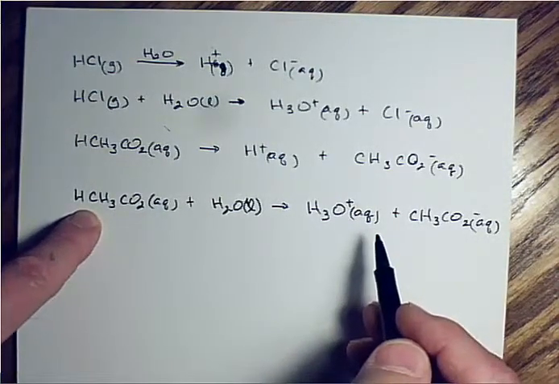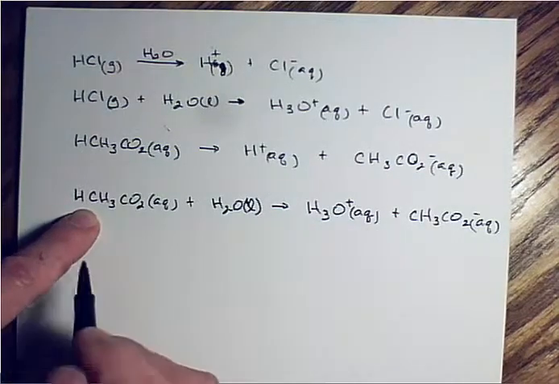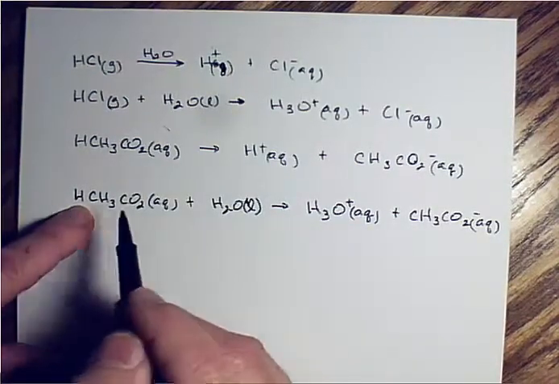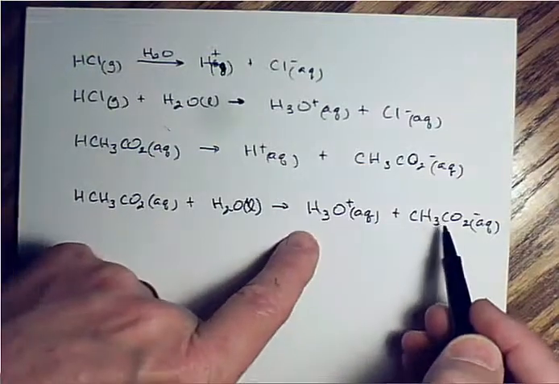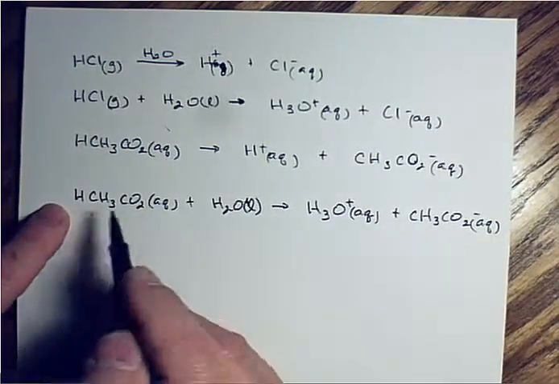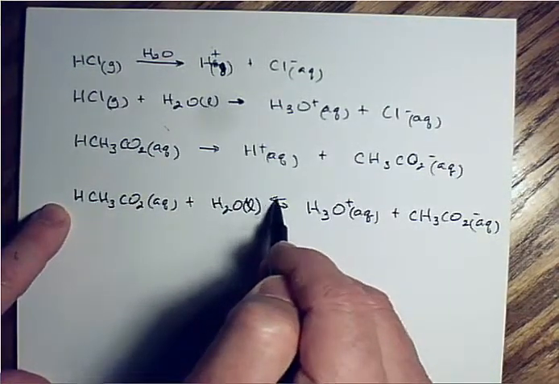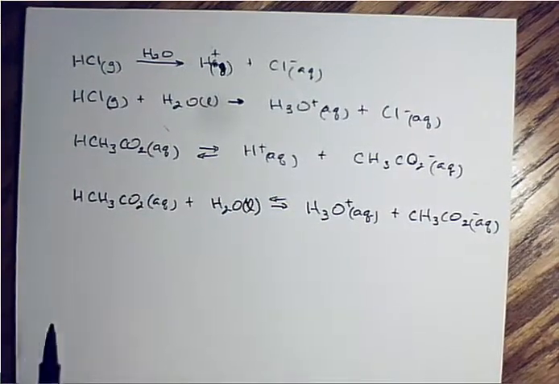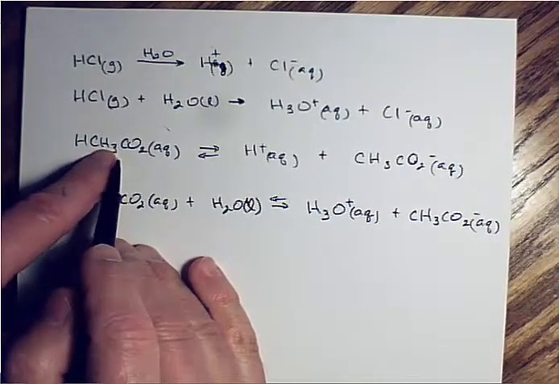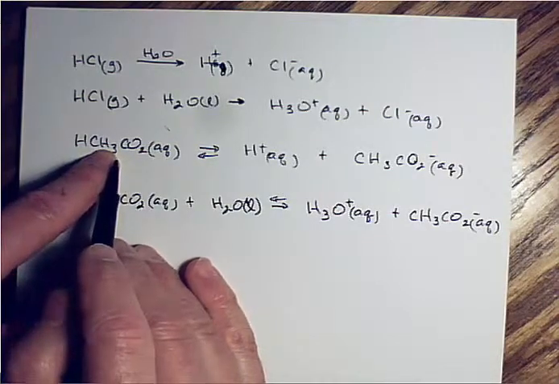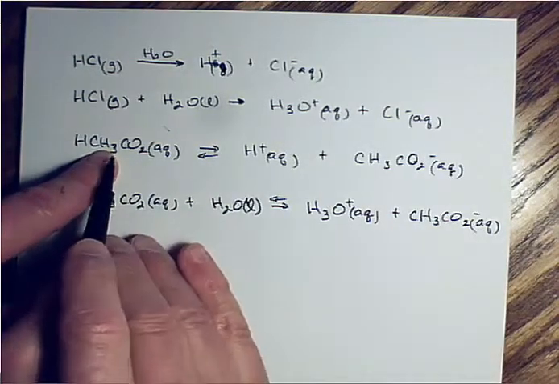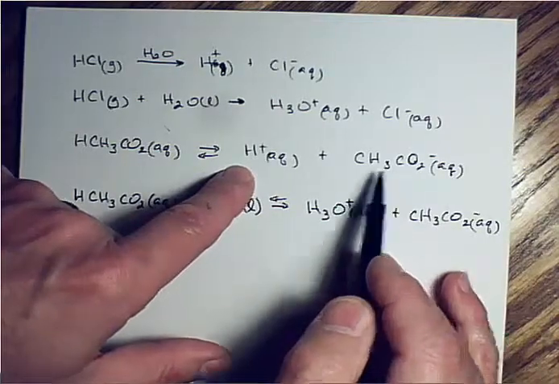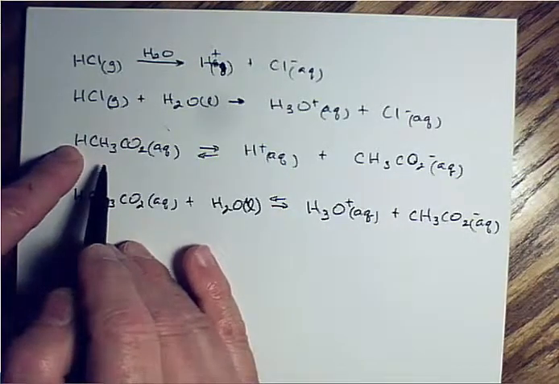Okay? So what is actually happening here is that it kind of isn't completely breaking up. But all of these are continuing to break up, while at the same time, these are reforming this stuff. So it's really going in both directions at the same time. Okay? When you reach a point of equilibrium, where as many of these as can break up have broken up, these continue to break up, and these are continuing to reform this. Okay?